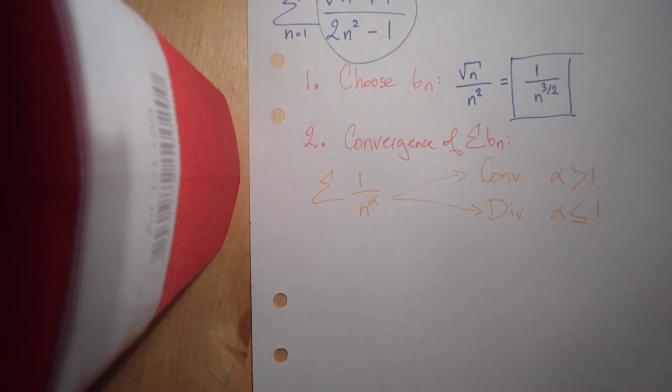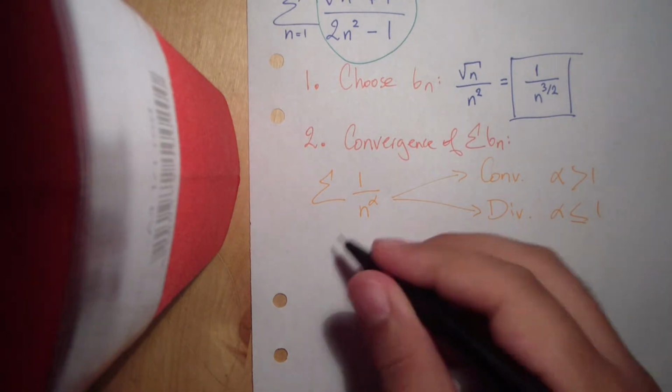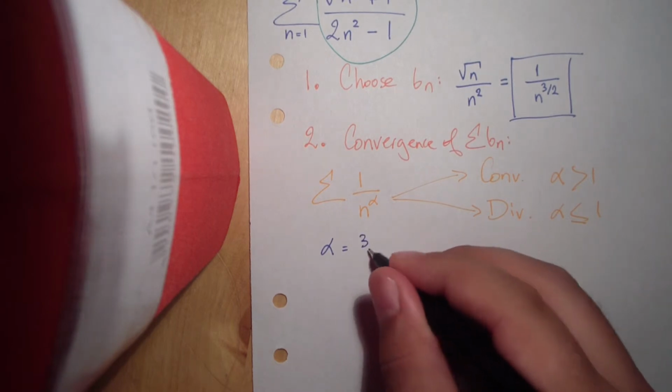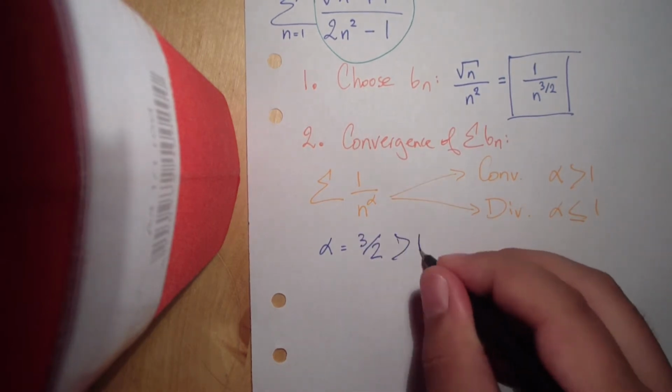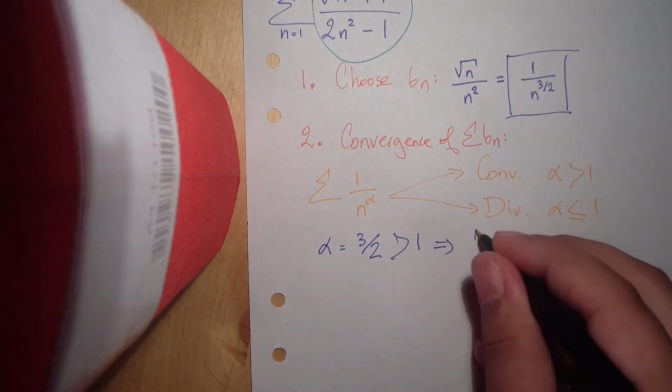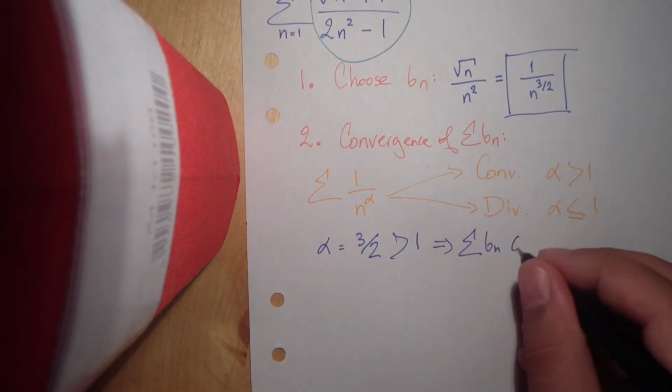So in this case, our alpha is 3 over 2, which is larger than 1. So that means that our series of bn converges.